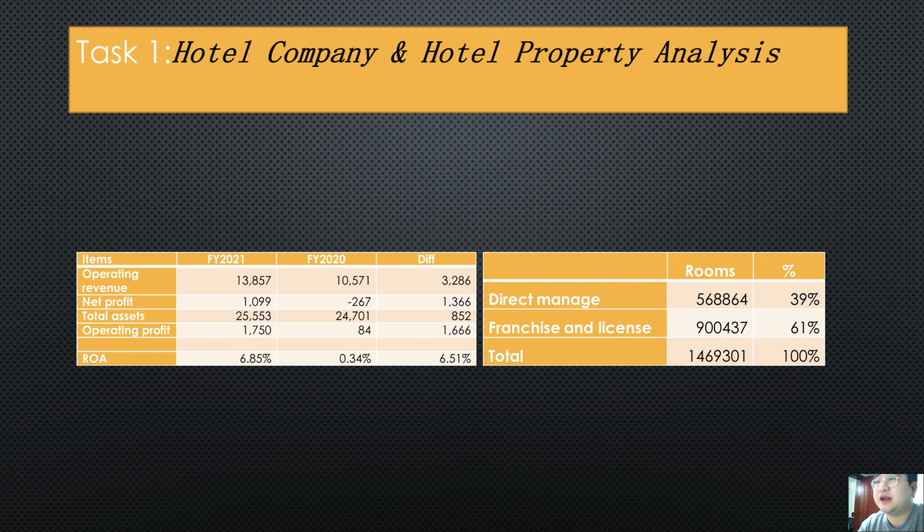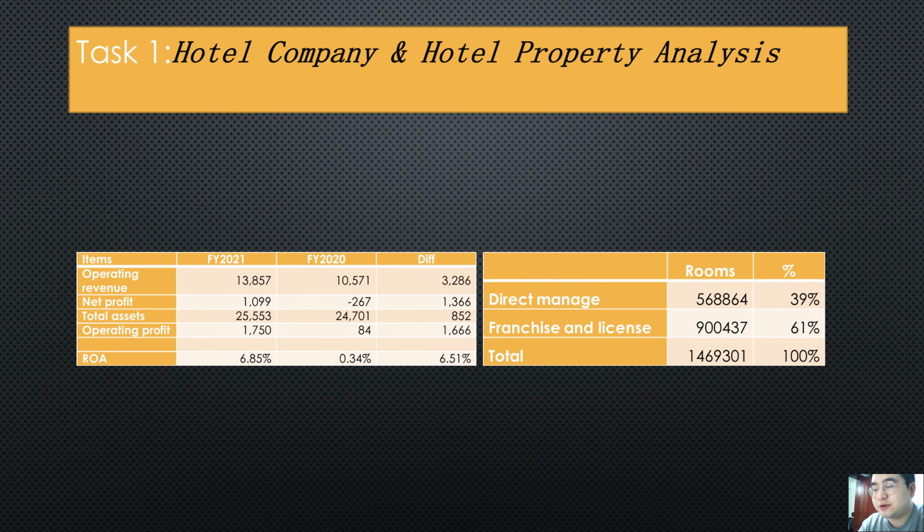For the financial year ending 2021, the hotel group has consolidated total revenue of 30,857 millions. The net profit after tax is 1,099 millions, and the return on asset is 4.3%.